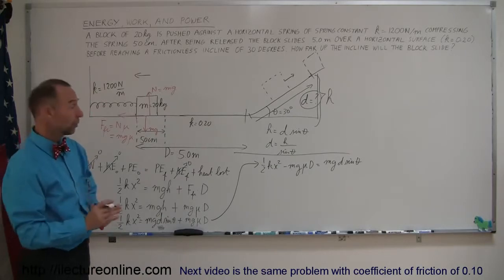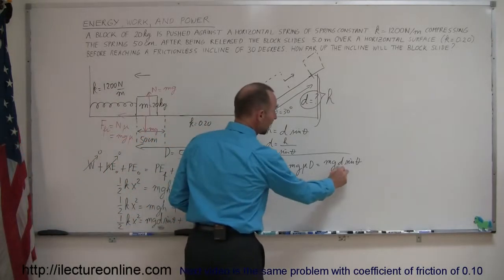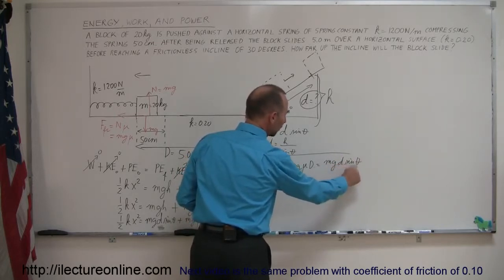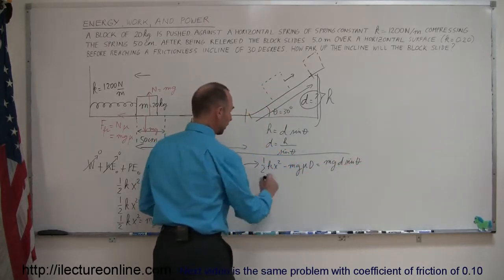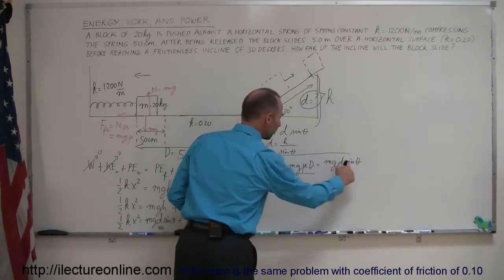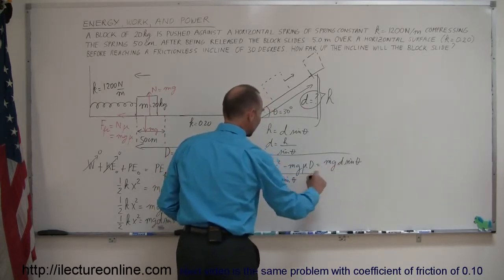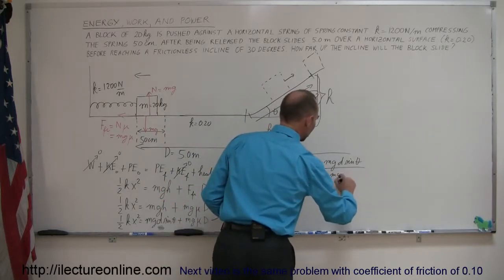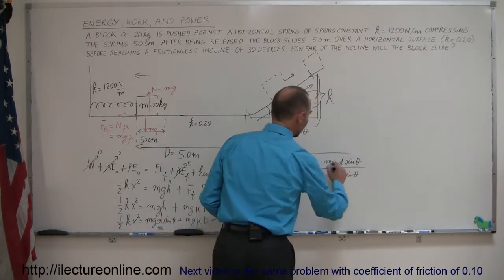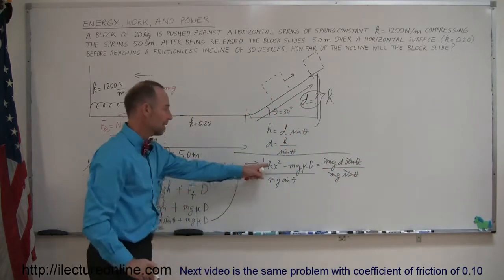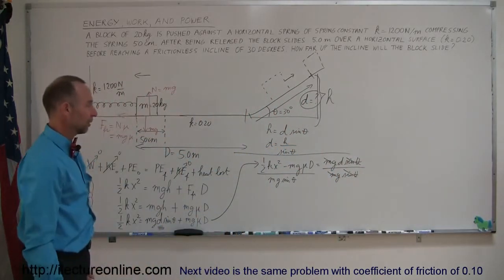And then we divide both sides by the coefficients of d, the components making up this term. We divide both sides by mg sine theta. Notice that the mg cancels out, the sine of theta cancels out, and we're just left with d being equal to what we have on the left side of the equation.